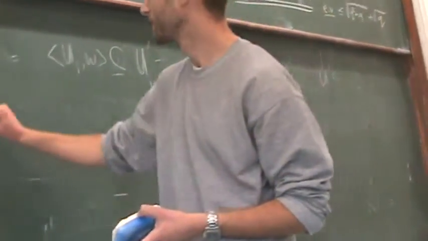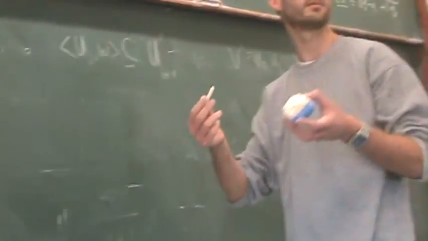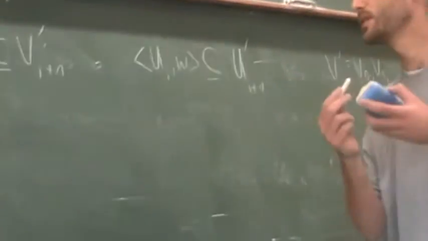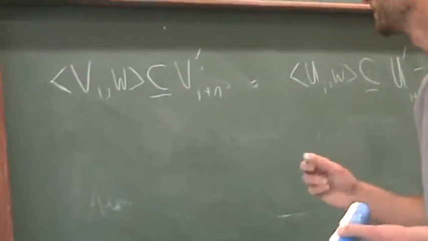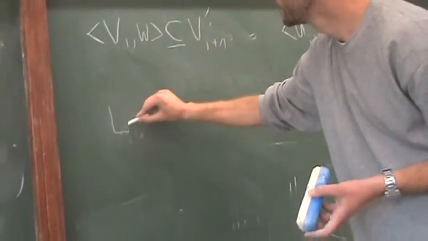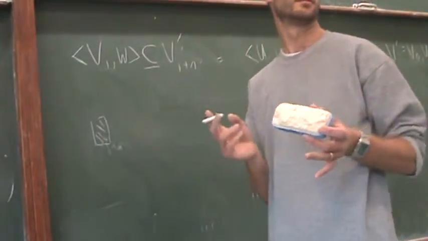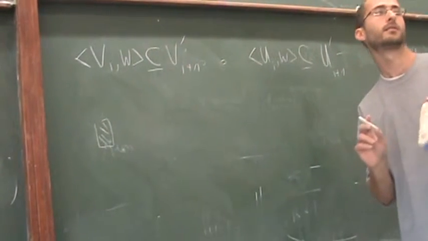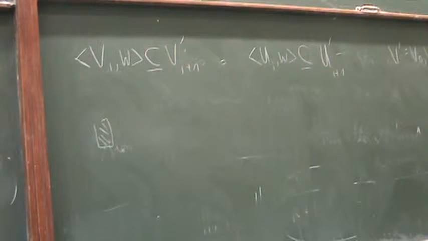What this gives us is that the intersection of V_{i+1} prime and U_{i+1} prime is one larger than the intersection of V_{i+1} and U_{i+1}. Okay, so this is basically the proof of that. Okay. And so that's it.